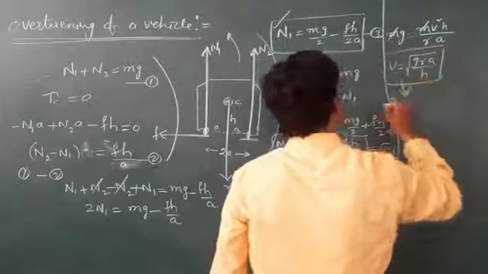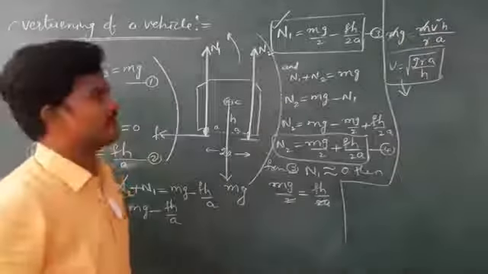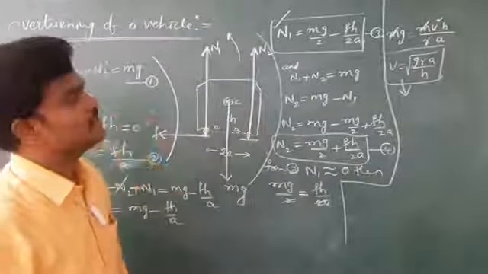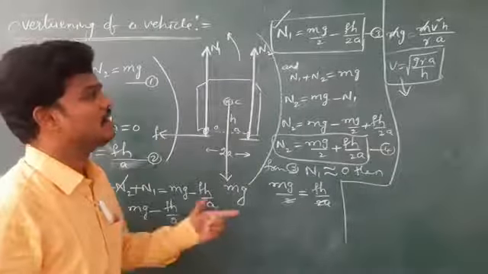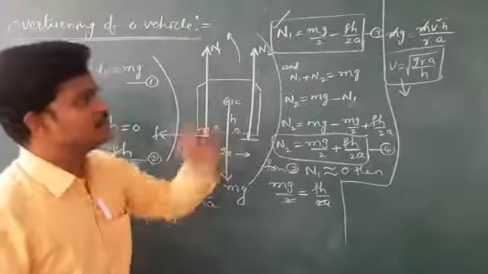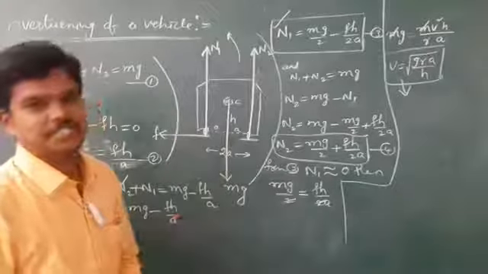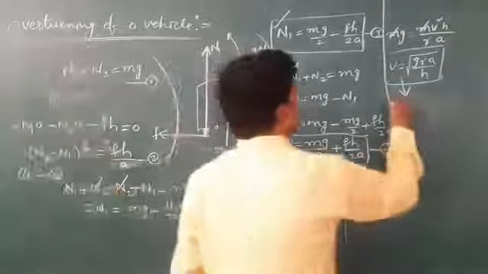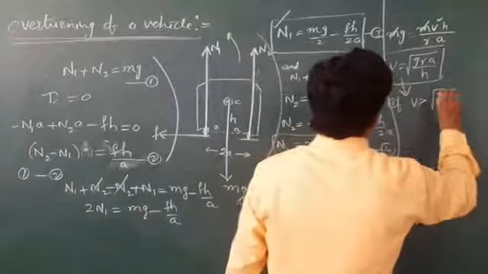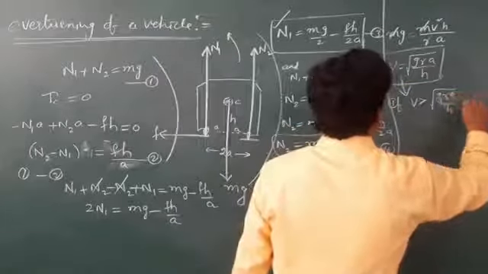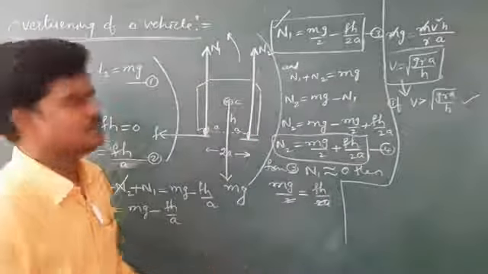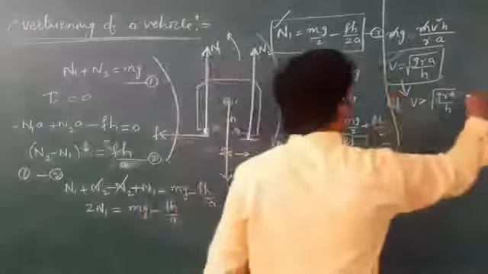So this is the optimum speed for taking an overturn. So the minimum speed of overturning is v equal to root of g r a by h, where a is the distance between the center and the first wheel or any other wheel. If v is greater than root of g r a by h, then the vehicle topples. So this is the minimum speed at which the vehicle topples.